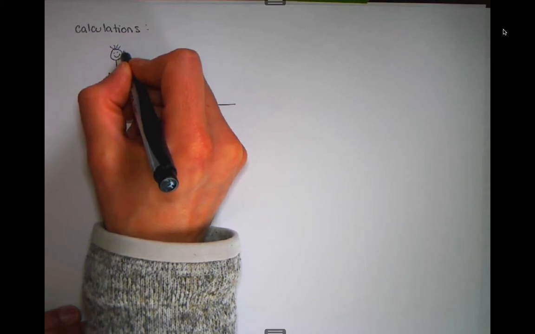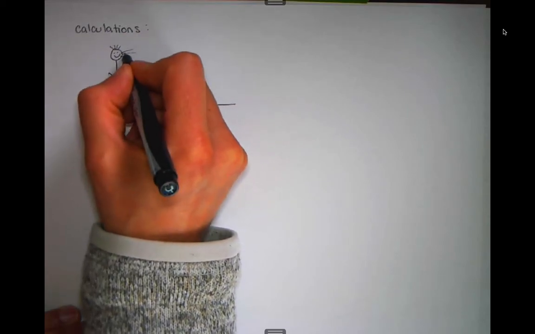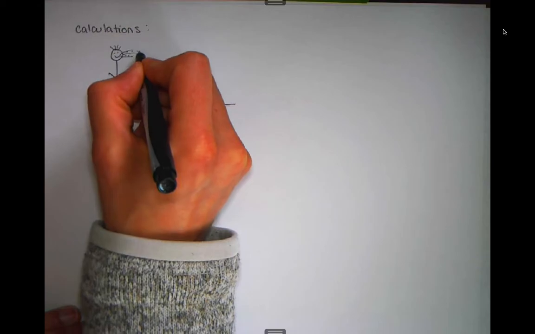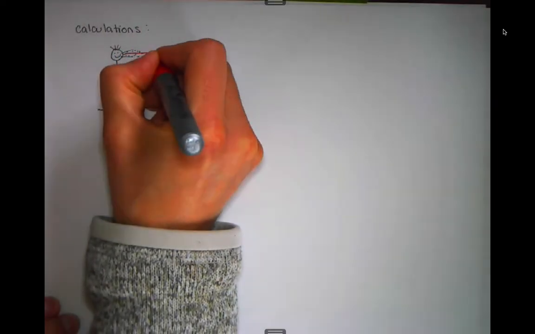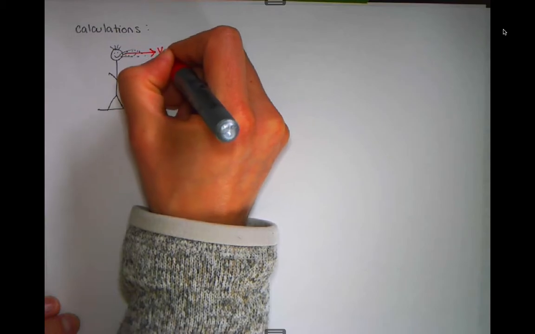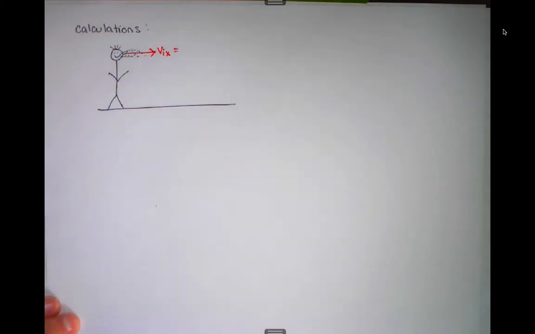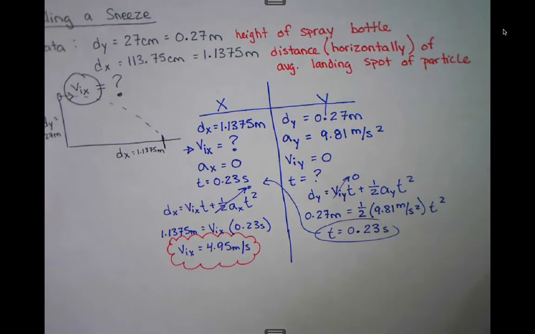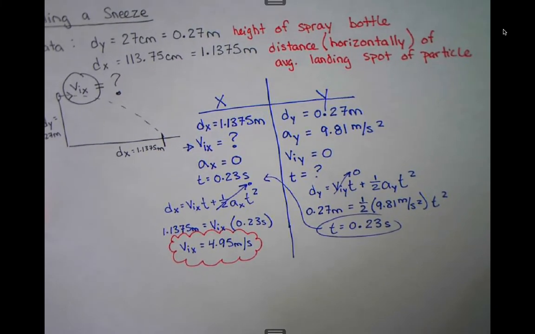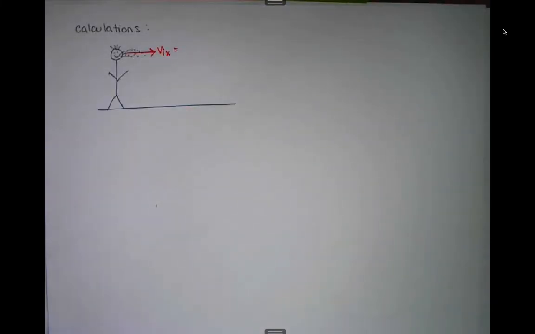And all of these particles, right, when he sneezes, all these particles are going to be coming out of his mouth. And so those particles are traveling at the velocity that we just calculated. So my initial velocity comes from what I did in my data collection. So my initial velocity is 4.95 meters per second.